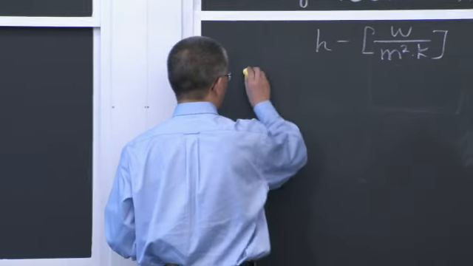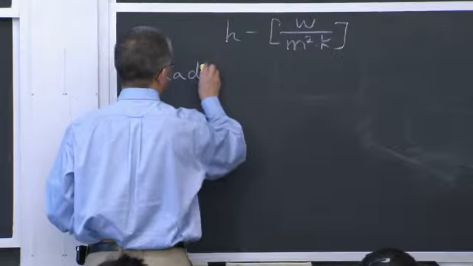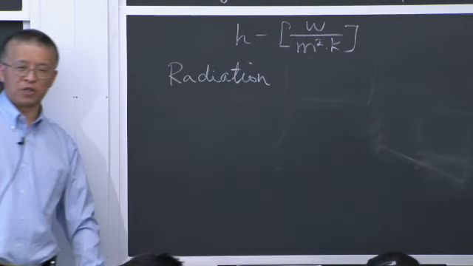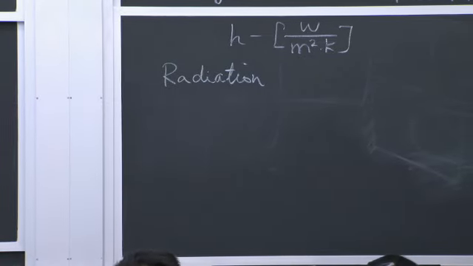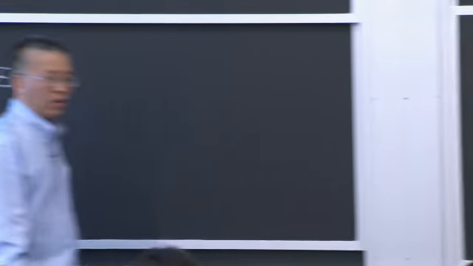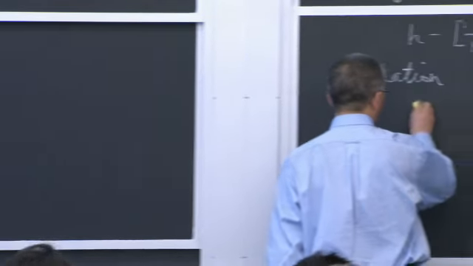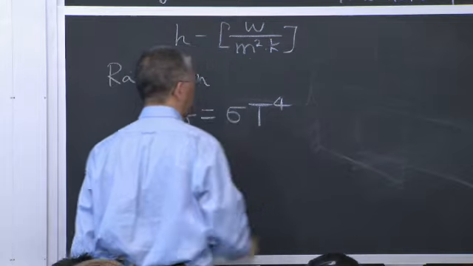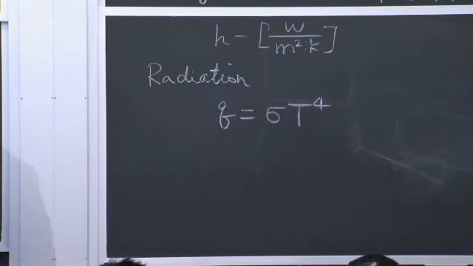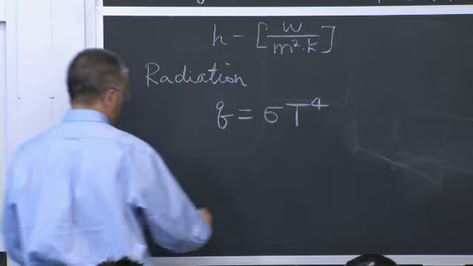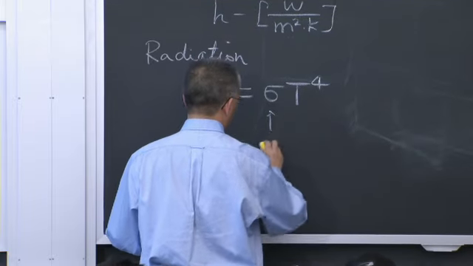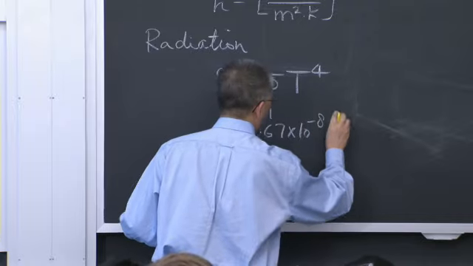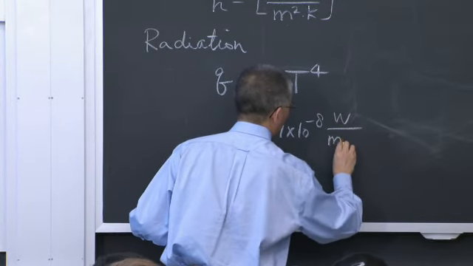Radiation. Let's look at radiation. What's the radiation law? Okay, so let's write the Stefan-Boltzmann law. Q equals, for a black body, sigma T to the fourth power, right? And the Stefan-Boltzmann constant is 5.67 times 10 to the minus 8 watt per meter square per Kelvin to the fourth.